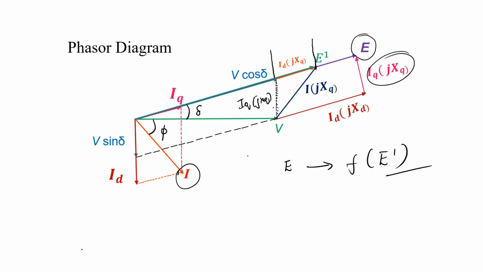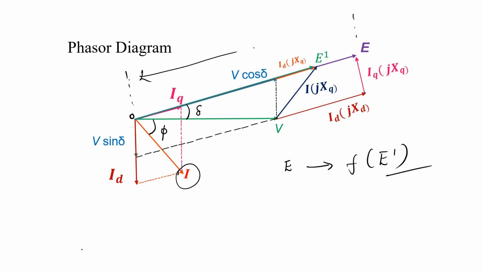We need to represent the generated EMF E in terms of E dash. How can we do that? Let us see. Let me take point O. From point O to E is the total internal or generated EMF of the generator.